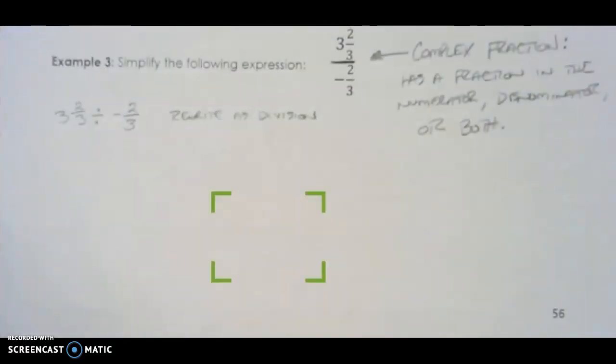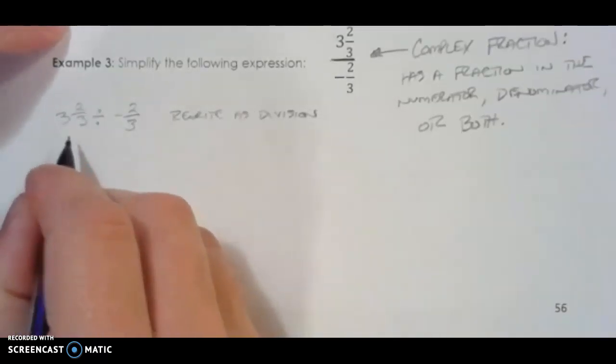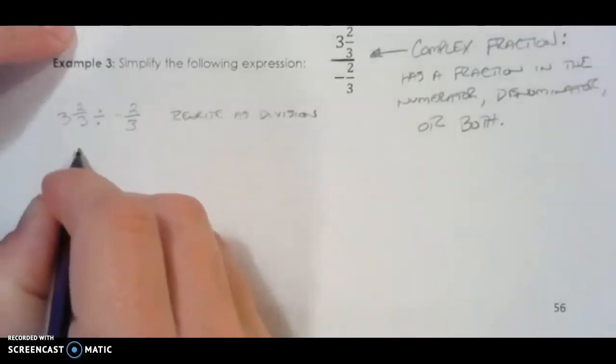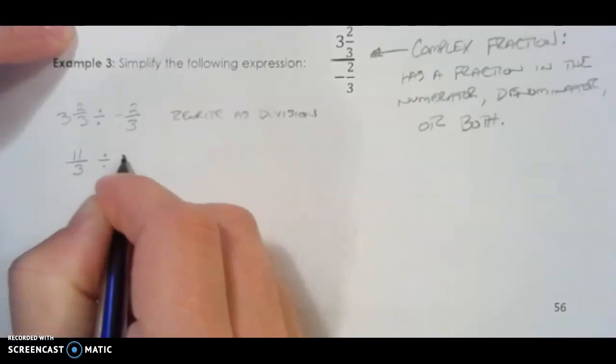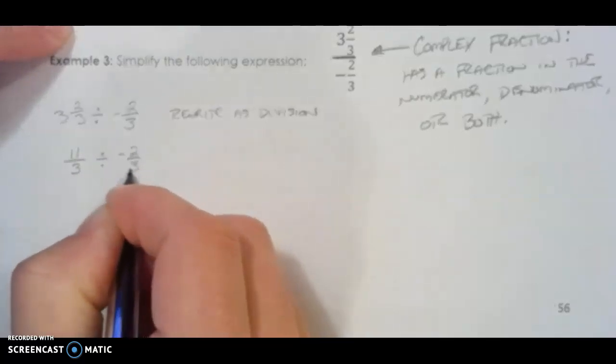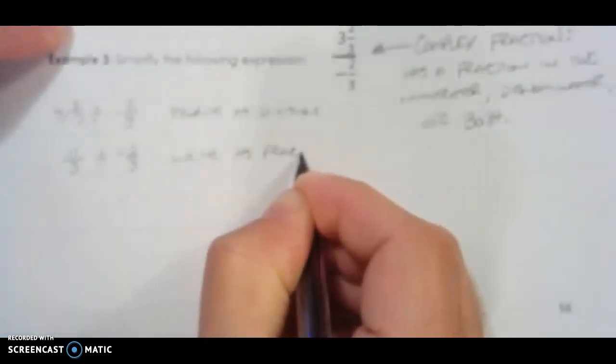Once we're done with that, now we're going to go through and do what we were doing in the previous example. So now I'm going to rewrite 3 2/3. That's going to be 11/3 divided by negative 2/3. So here we write as fractions.